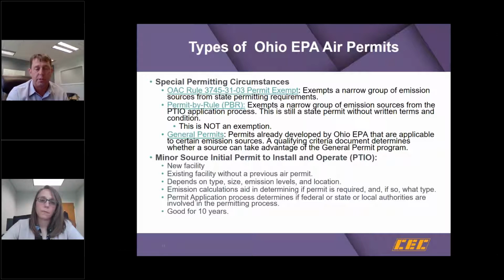I've heard of them coming back within a week or two. I don't know that there are many out there for the manufacturing industry, but there are plenty of general permits in the state, and if you can use them, I recommend it. They're pretty plug and play. And like I said, the turnaround is quick. No comment period with those. It's already been taken care of at the beginning, so that's always nice.